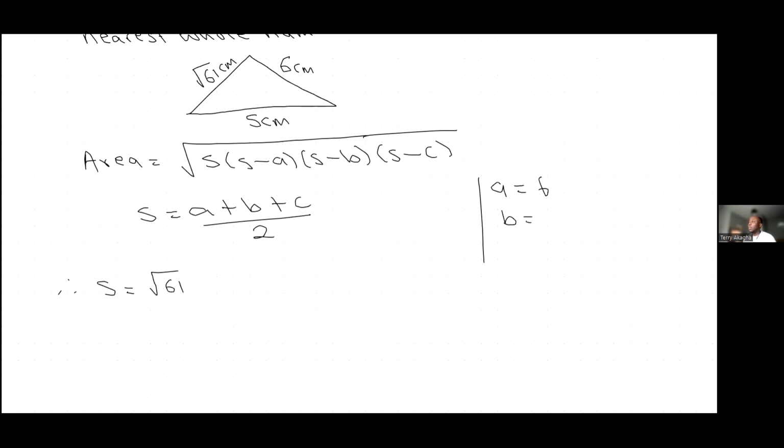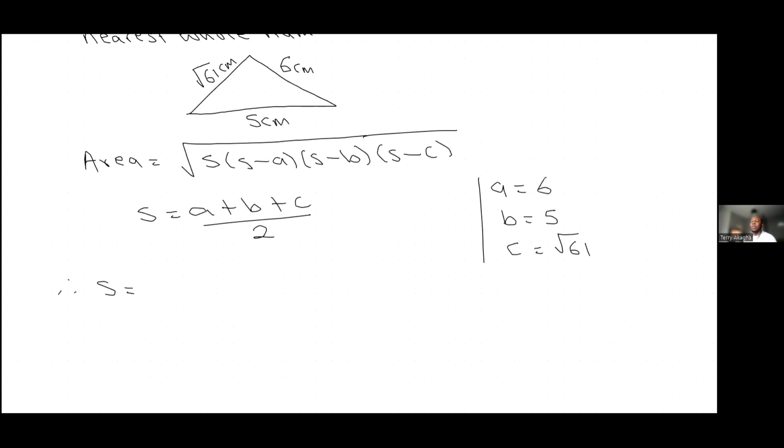And let's make C to be square root of 61. It does not matter the format you put it. You can put it in any different way. You can make A the square root of 61 and B 5. It does not really matter, provided that all the sides are represented and you are consistent with the formula, you should get the same thing.